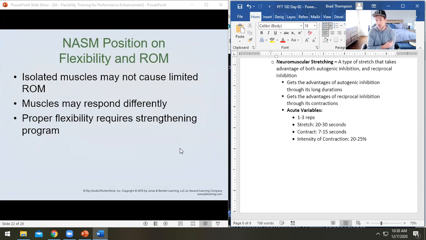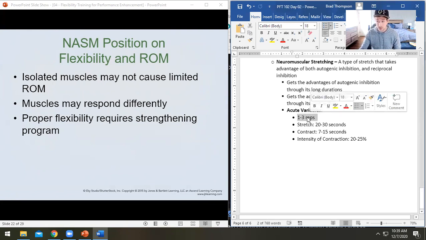Neuromuscular stretching is one of the best ways you can do things. It gets the advantage of autogenic inhibition because you do a long hold, but it gets the advantage of reciprocal inhibition because you're contracting. So you're kind of hitting it from both angles here. The way that you do this is you do 1 to 3 repetitions. You only do 1 set. You stretch for 20 to 30 seconds. You contract for 7 to 15 seconds, and then you repeat.